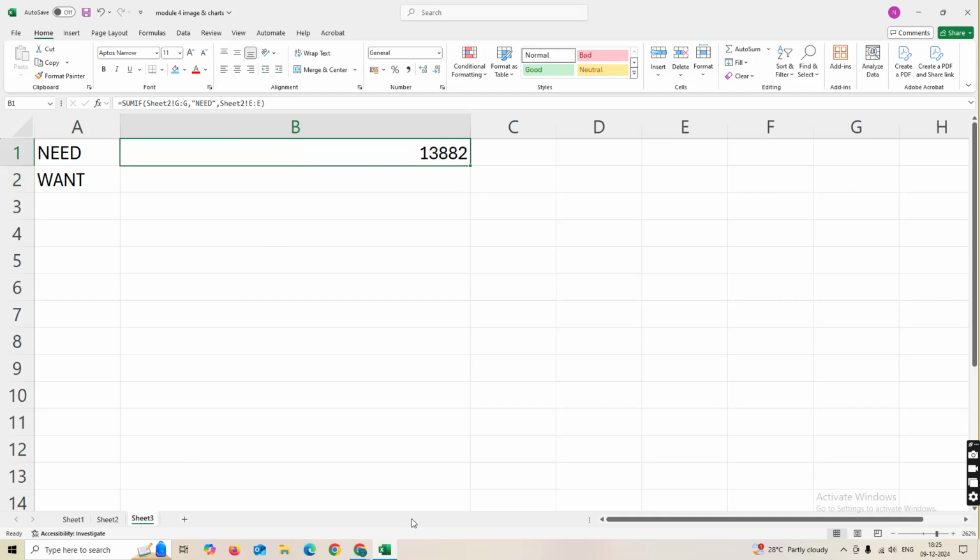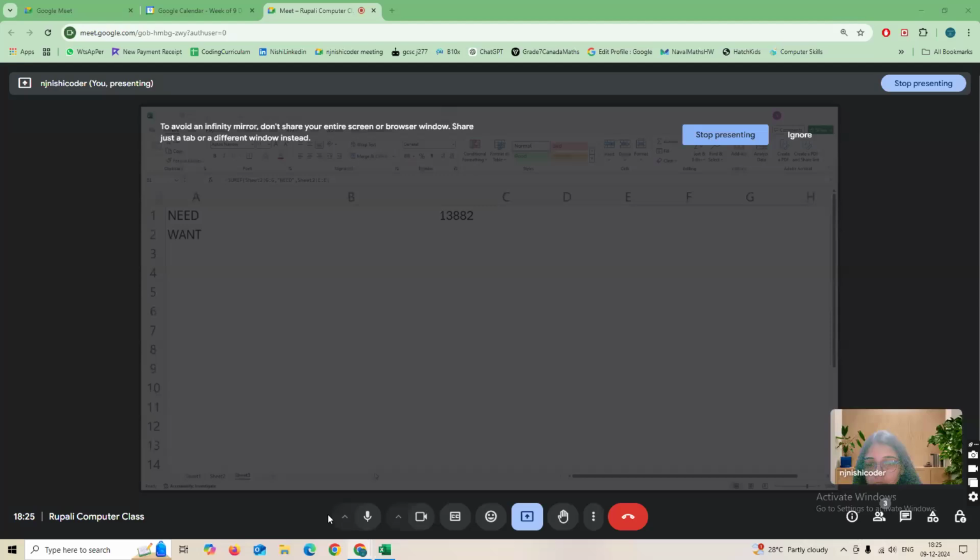So need, I'm going here. I'm selecting this cell, and there I have to write it down. Is equal to sum, sum if. Is there any space before the bracket?